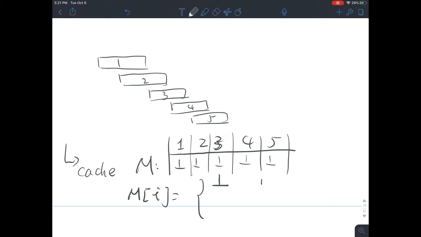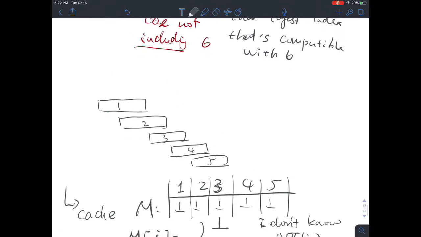If it's empty, I don't know the solution, the opt I. Otherwise, it's equal to opt I. So that really means we now have this algorithm over here.